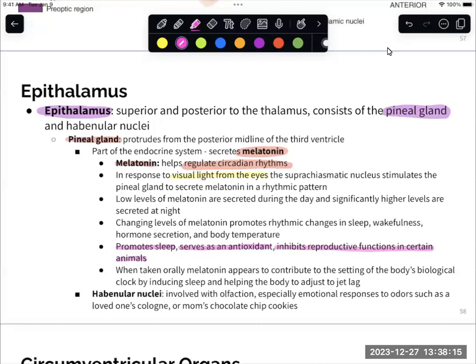There are a lot of studies that show this is a way to help adjust to jet lag faster. So when you travel somewhere with a significant time change, taking some melatonin can help your body adjust to that new time difference, or coming back.